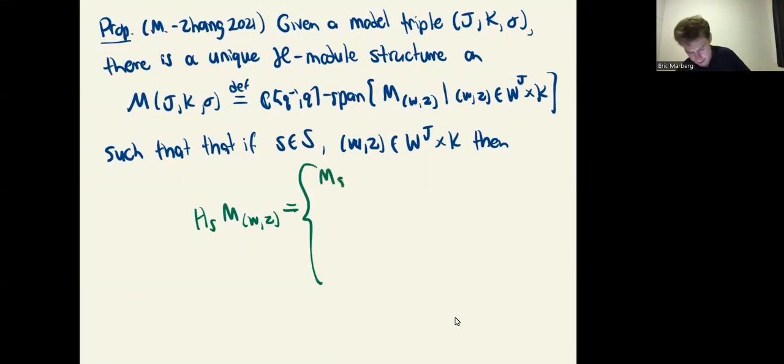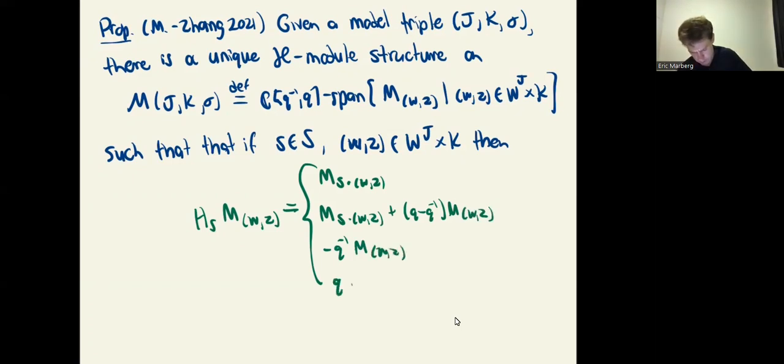So we have either m_swz, or we have m_sz plus (q minus q inverse) m_wz, or we have minus q inverse m_wz, or we have just q m_wz.